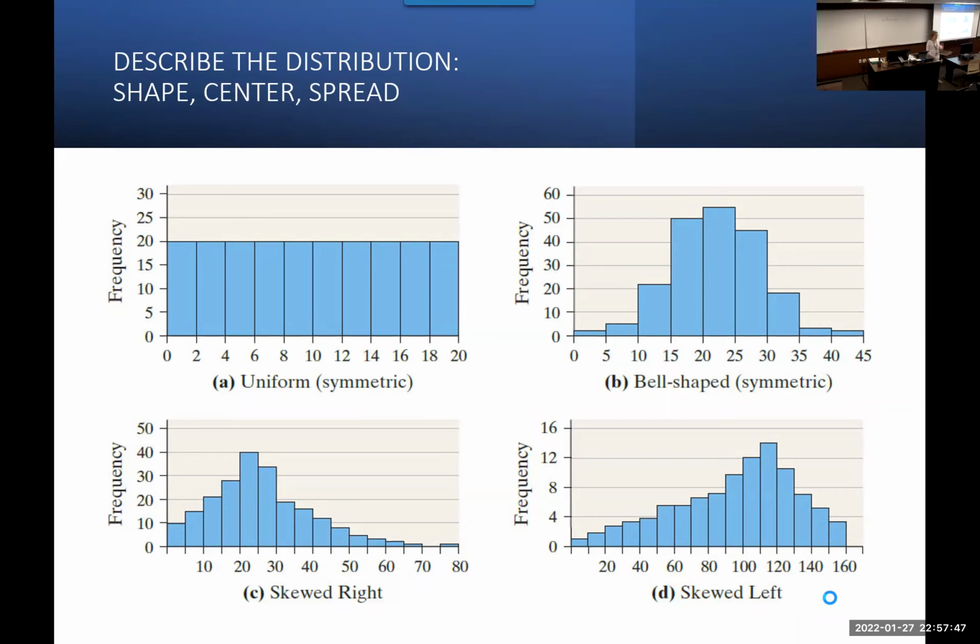What you're looking for in the shape of your distributions is, in general, does it meet these characteristics? So the characteristics for uniform are that the bars are roughly the same height and that it's symmetric. Now, what does it mean to be symmetric? If I were to take the center of this graph and fold it in half, it would be the same on both sides. So a uniform distribution is symmetric and the bars are all roughly the same height.